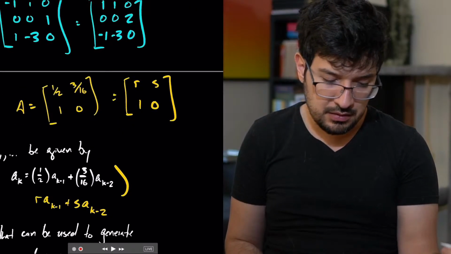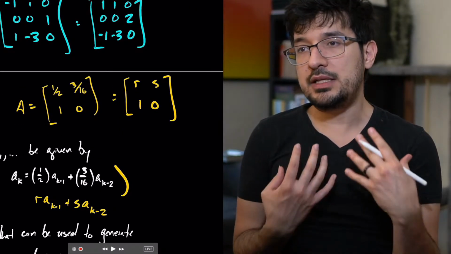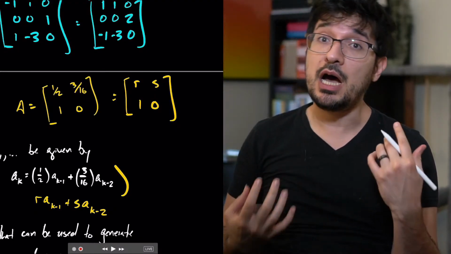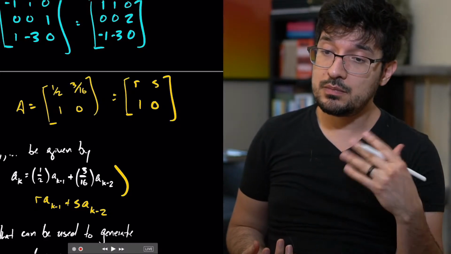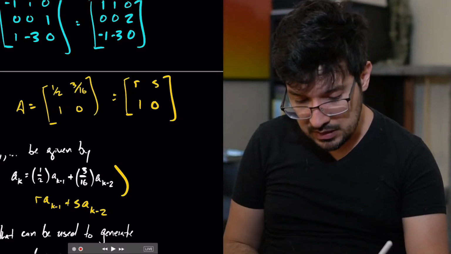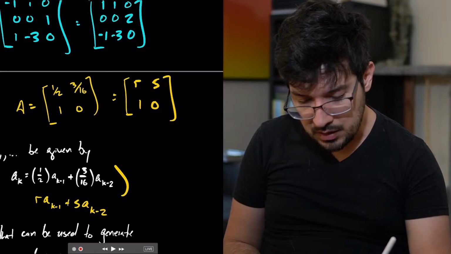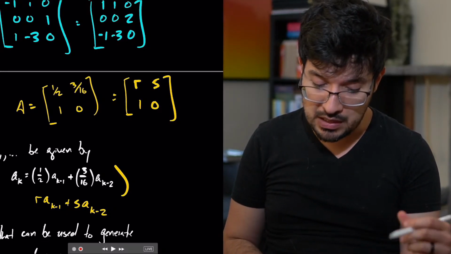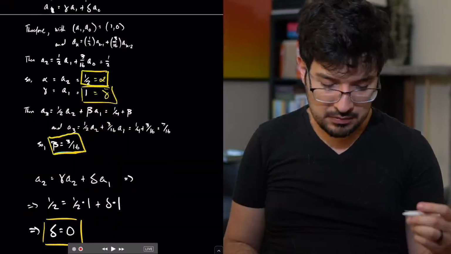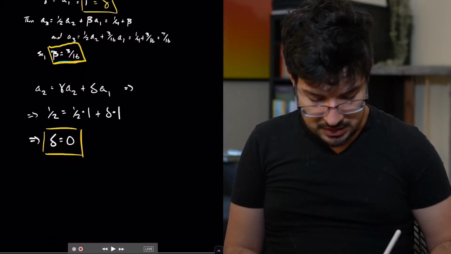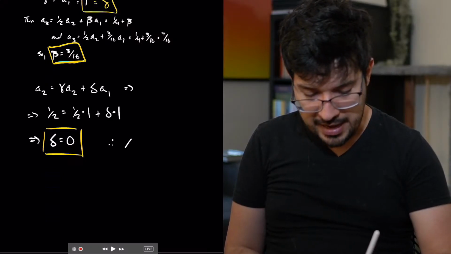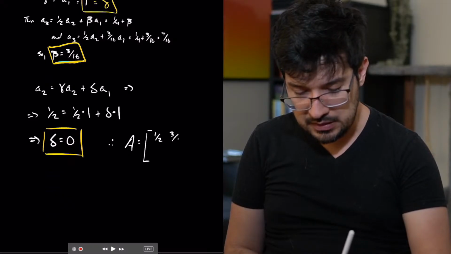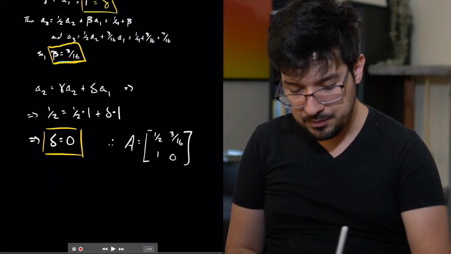I think that these recurrence relations that are similar to Fibonacci sequences are always, I believe, of this form. And it matches for the Fibonacci numbers. R and S are both 1. Anyways, therefore, A is 1/2, 3/16, 1, and 0.